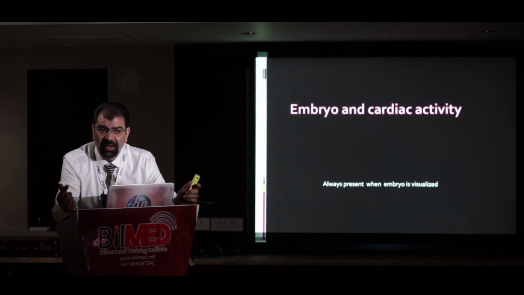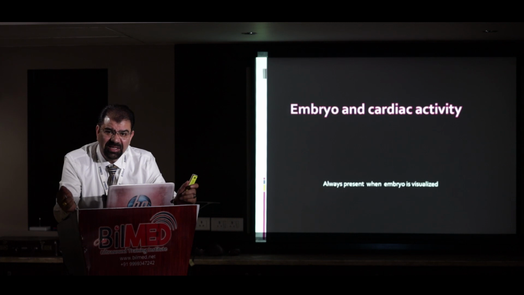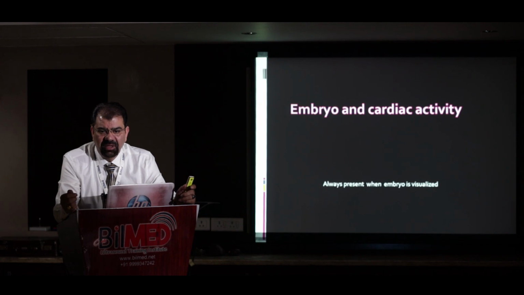If the target is at 2, adjust the depth, and adjust the gain, and whenever needed adjust the TGCs of that specific area wherever you need it, and adjust the PRF. With these things only, and see from all planes.